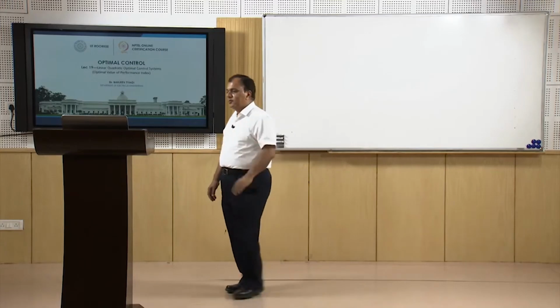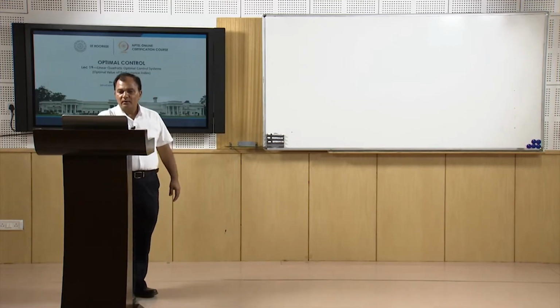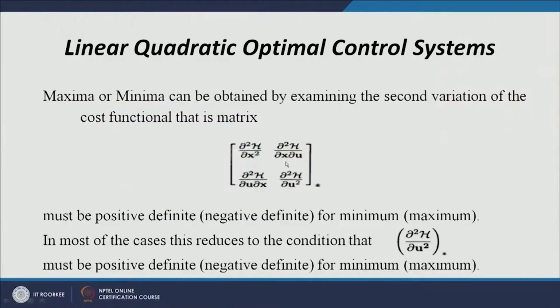So my matrix del 2 h by del x square, del 2 h by del x del u, del 2 h by del u del x and del 2 h by del u square must be positive definite.